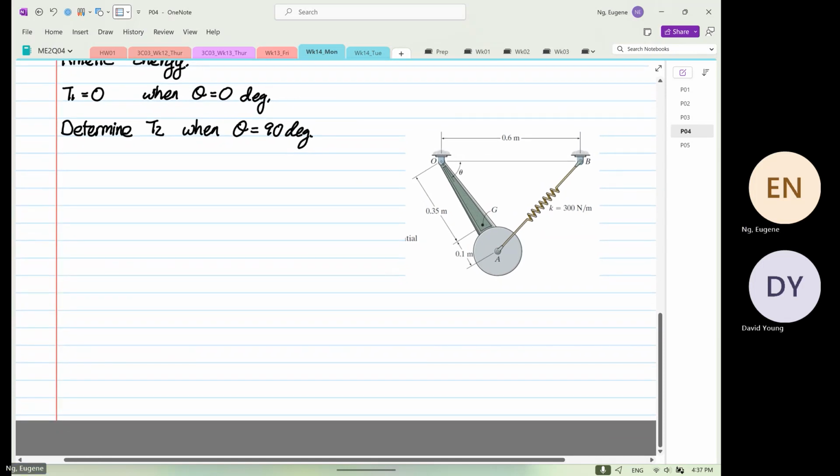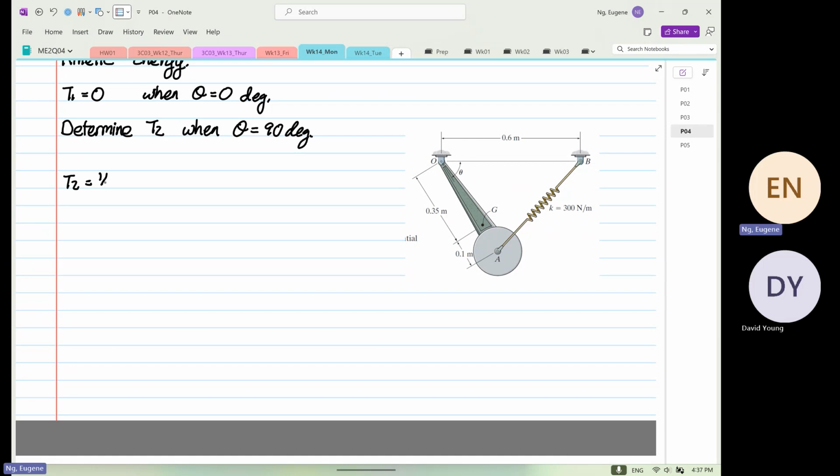T2 will be equal to half m vG squared plus half IG omega squared.